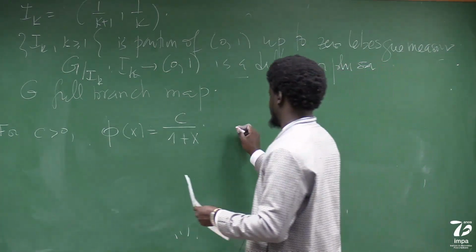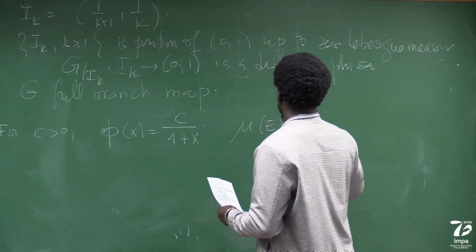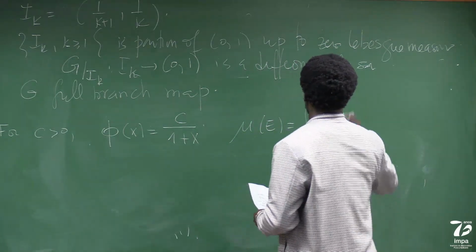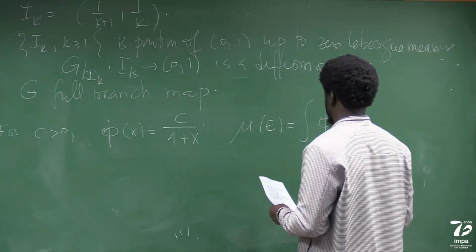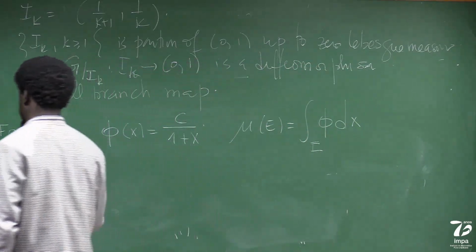And define this measure mu of E as the integral over E of phi of x dx. So the claim is that mu is G invariant.